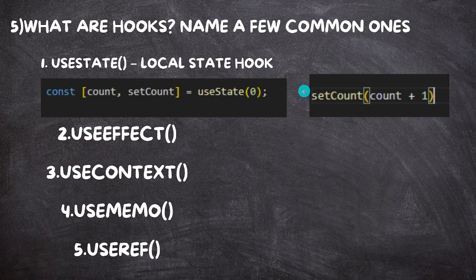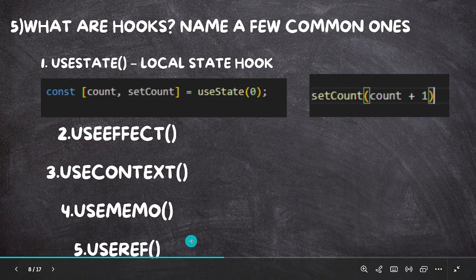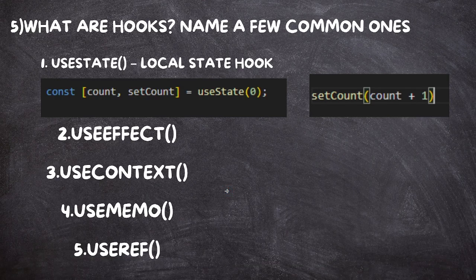You can then use the setCount to update it when, let's say, a button is clicked. Other hooks include useEffect, useContext, useMemo, and useRef. You can read more about these. Also note that you can create your own custom hooks in React.